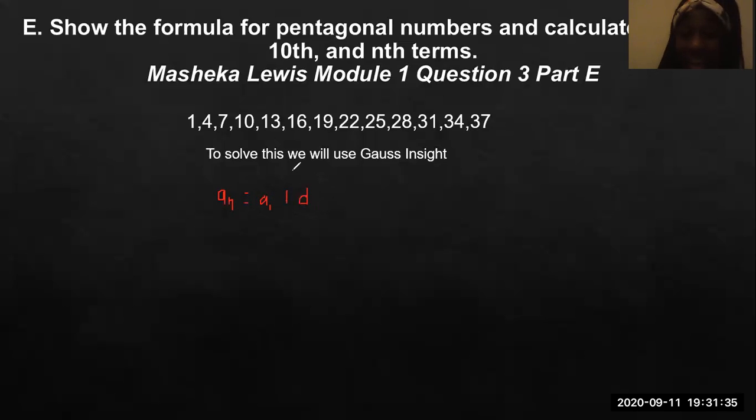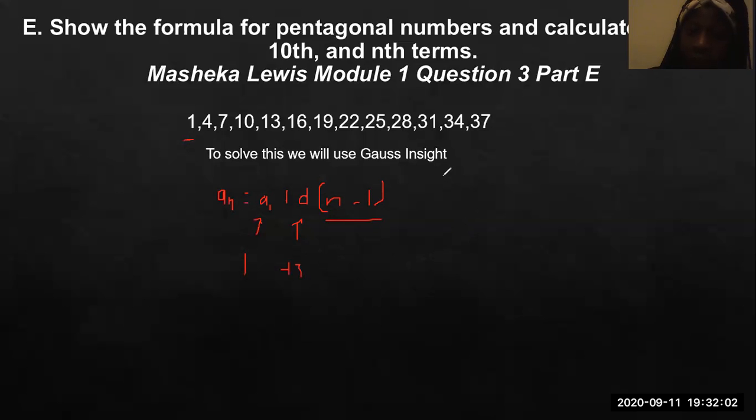I'm sorry, I got ahead of myself. That's actually the last one. d, and then we have n minus 1. To calculate this, we replace our numbers. a1 will be the first term, which is 1. d will equal the distance, which we know is plus 3. So plus 3. And then drop the n minus 1 down.